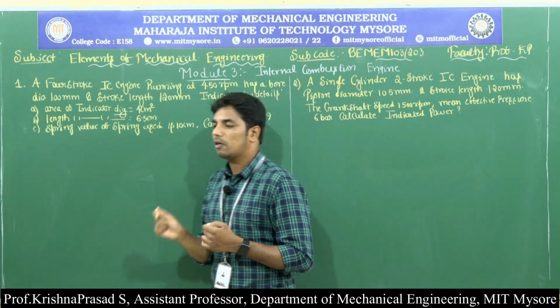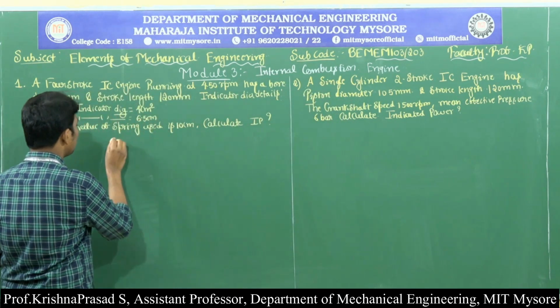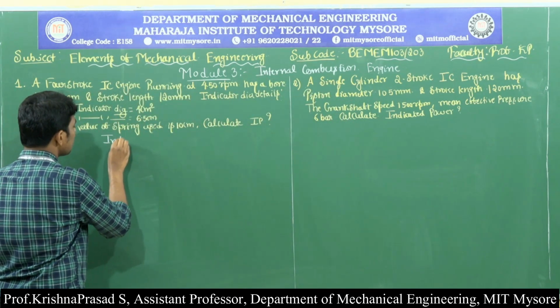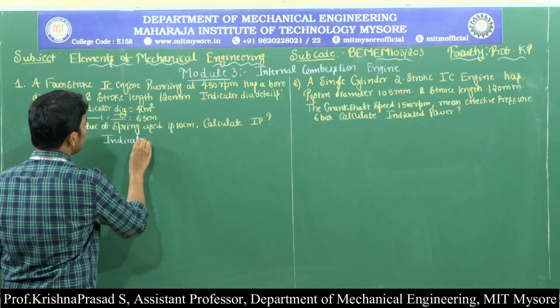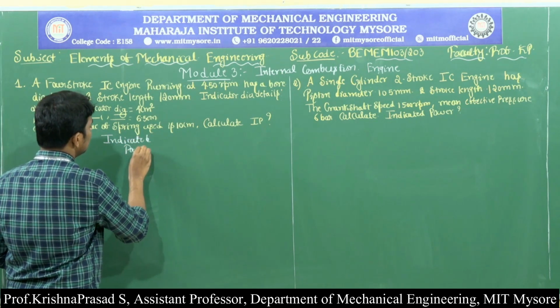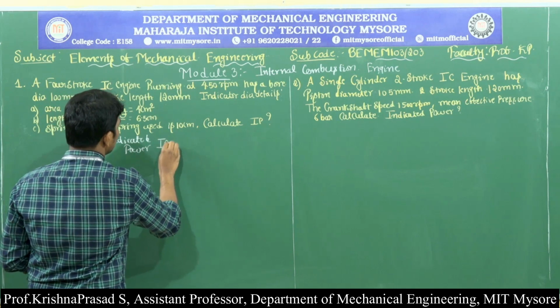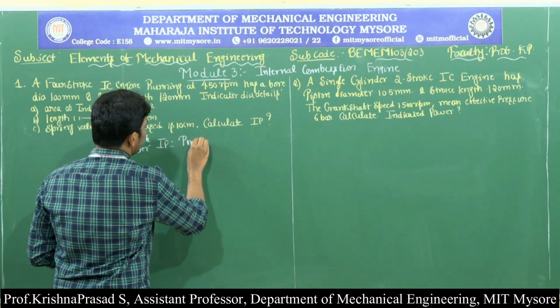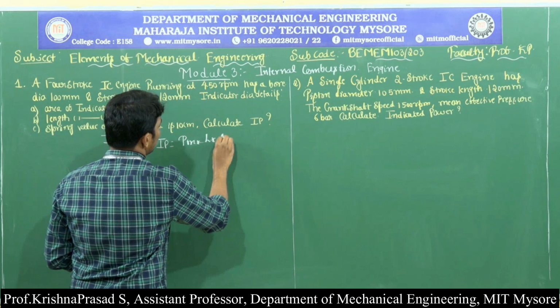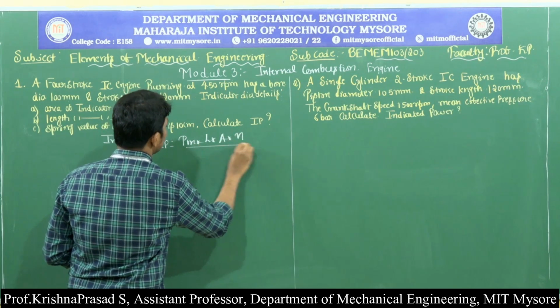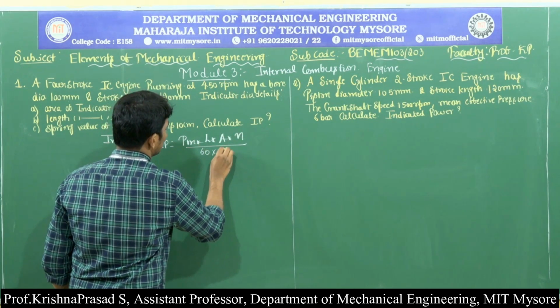Calculate indicated power. Okay, we know the formula for indicated power. It is very simple: IP is equal to PM into L into A into small n divided by 60 into 1000.